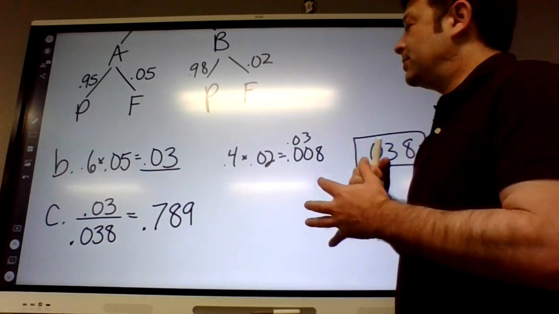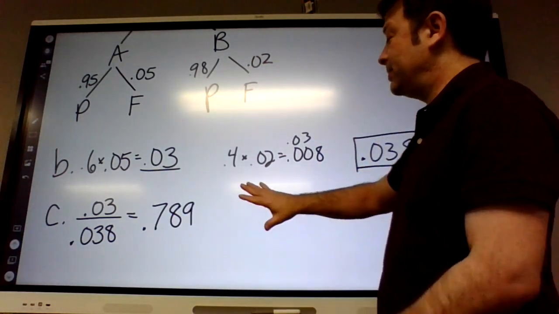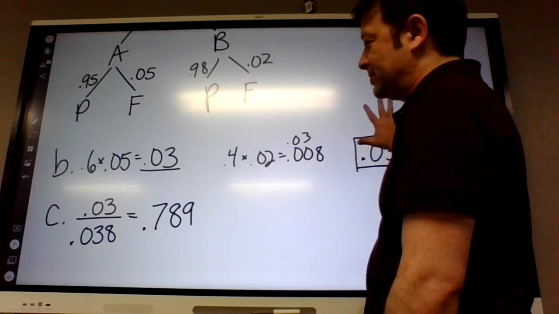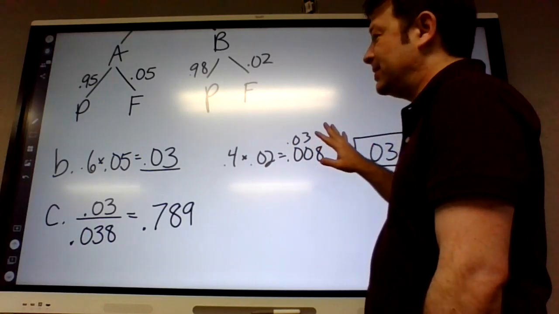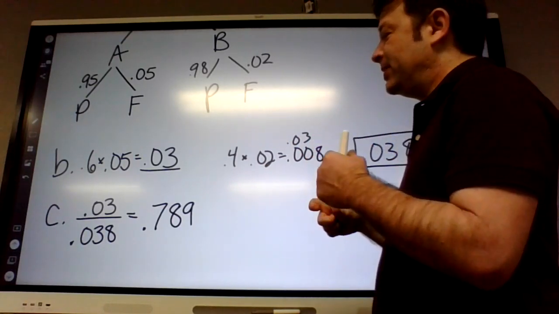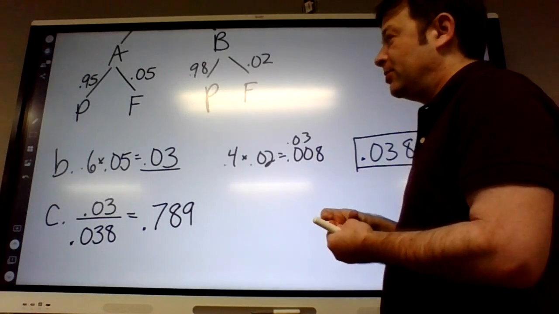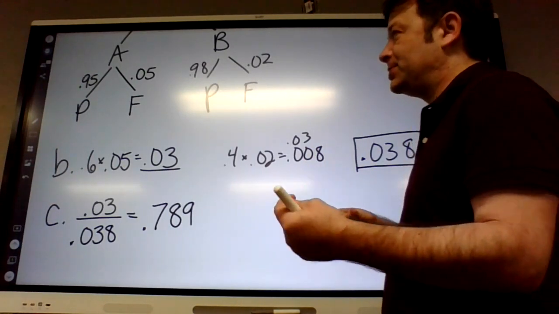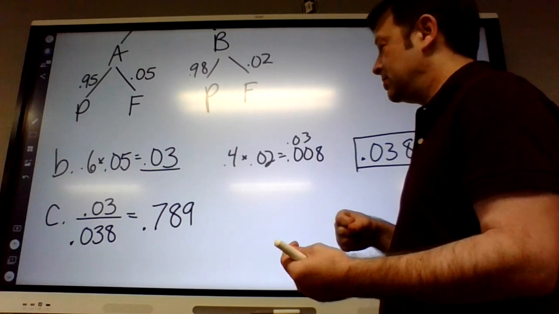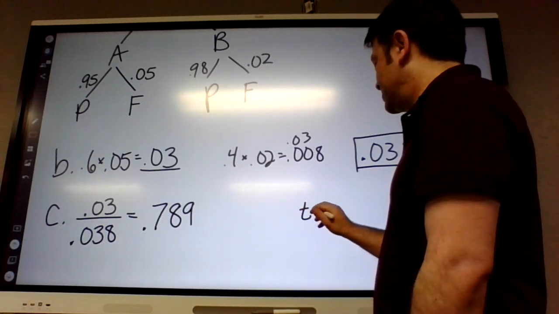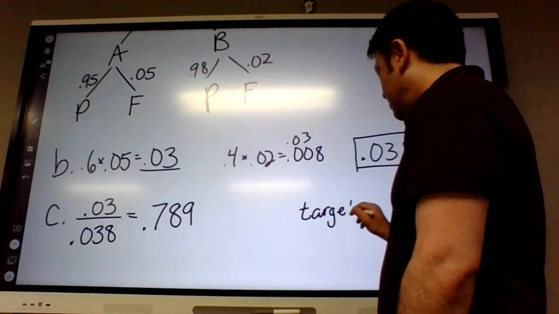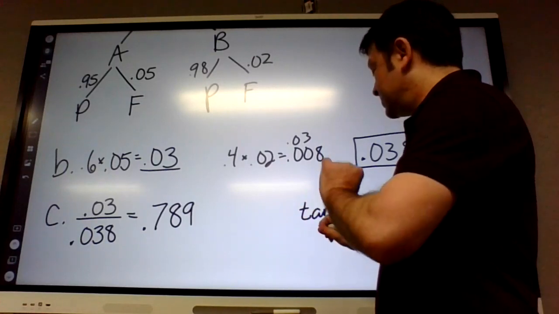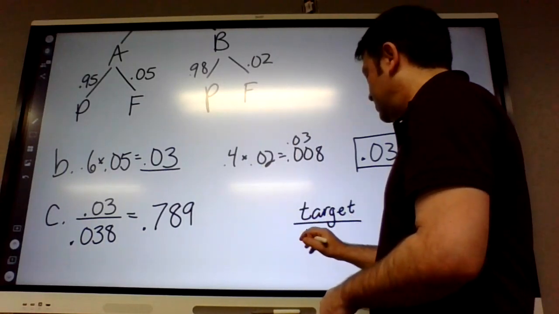Okay, so it's using the previous stuff because it says, given that we have a failed ball bearing, what's the probability that it came from machine A? So basically we're using this. You want the target group, which is from machine A, out of the total group.